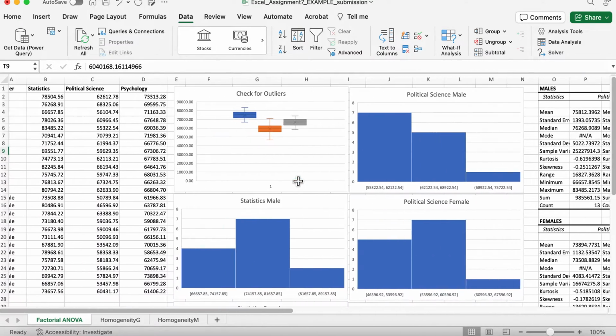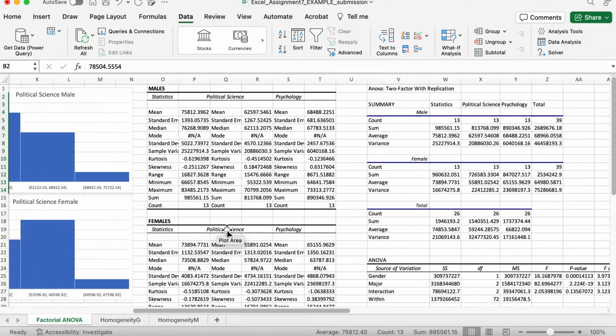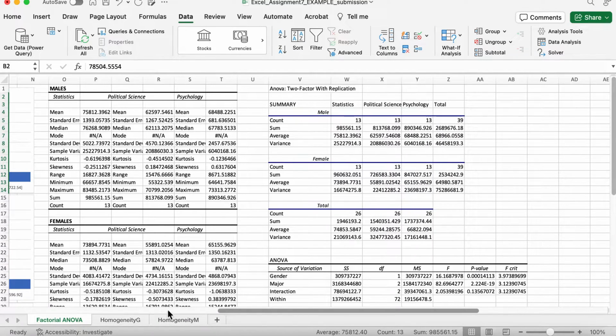There's no violation. If you tried to do it between groups like this, it would be too small of a sample. And sometimes these tests, if it's too small of a sample, it's not really reliable. So this is just too small. I'm not going to have you do that for different tests.